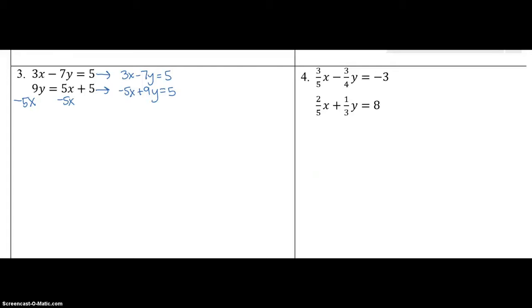I typically pick the variable that has the smaller coefficients. So in this particular problem, I would work with x. You don't have to. You can work with y, but I would work with x. What number can both 3 and 5 go into evenly? 15. So in order to get 15, what would I multiply the top equation by? And what would I multiply the bottom equation by? Okay?